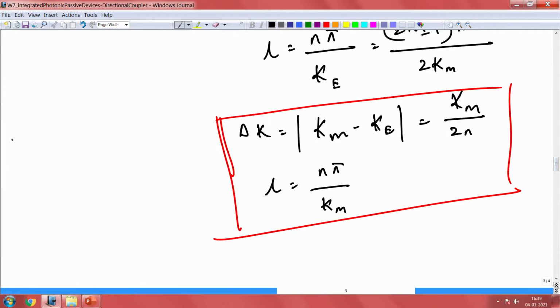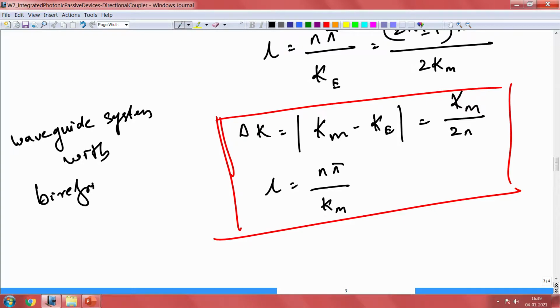You need to have a waveguide system with birefringence. That means your beta TE is not equal to beta TM.